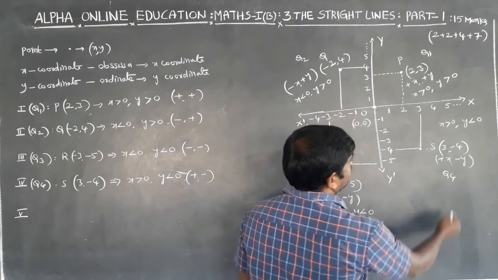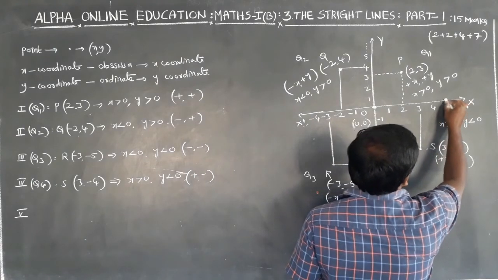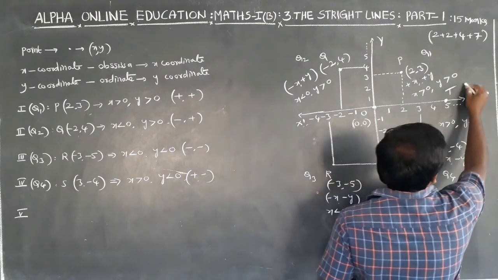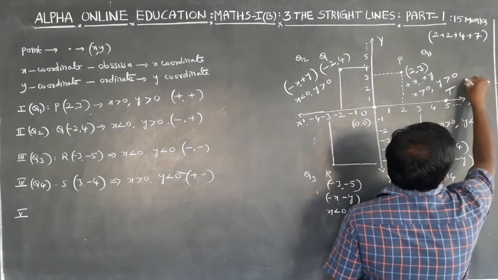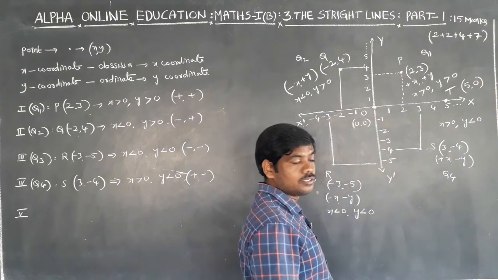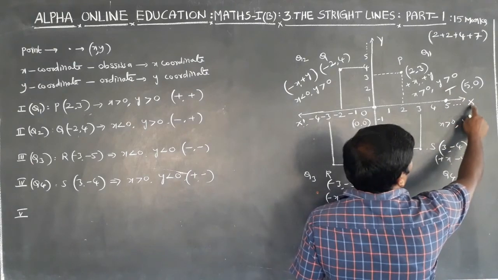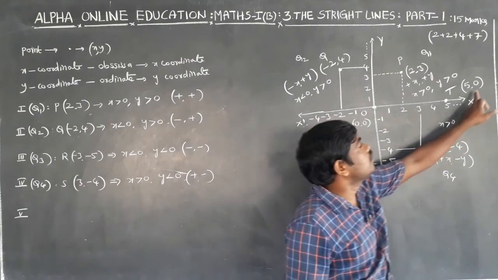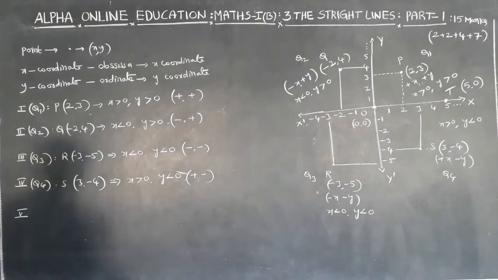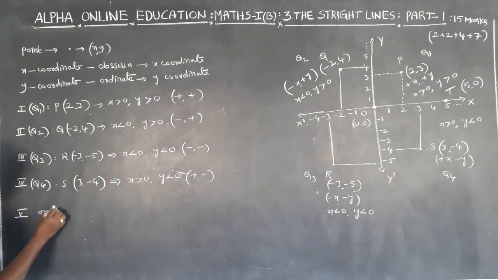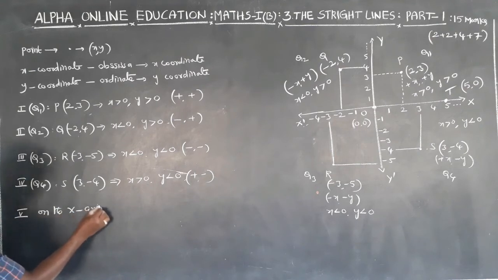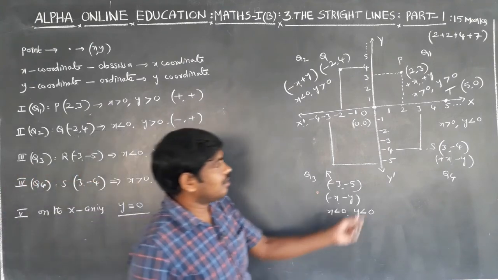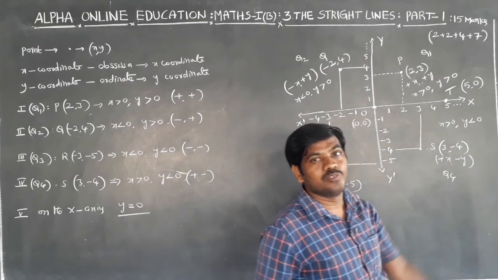Observe this point, the point T. The point T is denoted by (5, 0). This point lies on the x-axis. On the x-axis, the y value is 0.